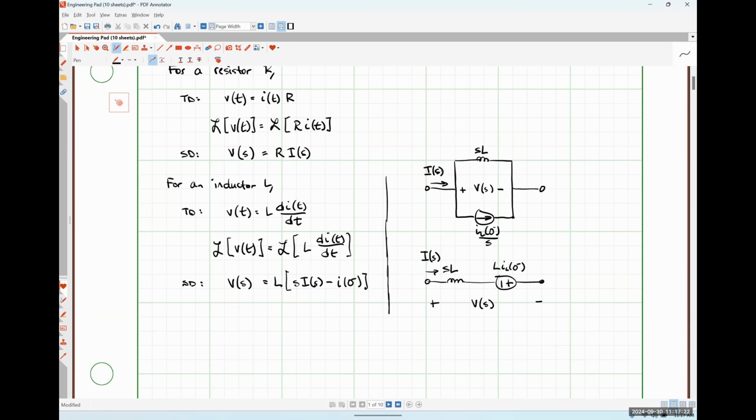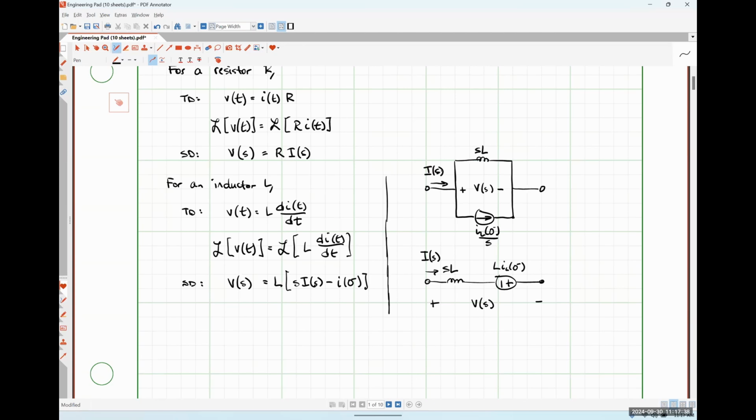So these are two different S domain models that are electrically equivalent to each other that we can choose between whenever we are representing some inductance in the S domain.